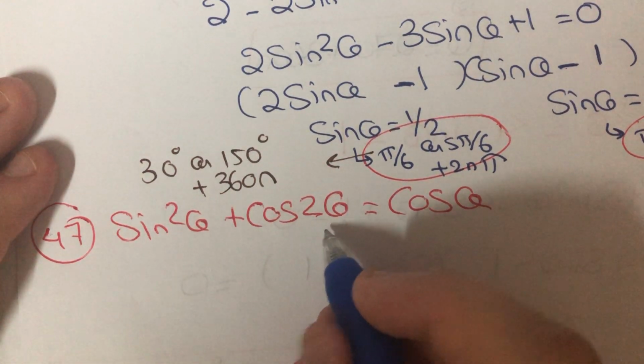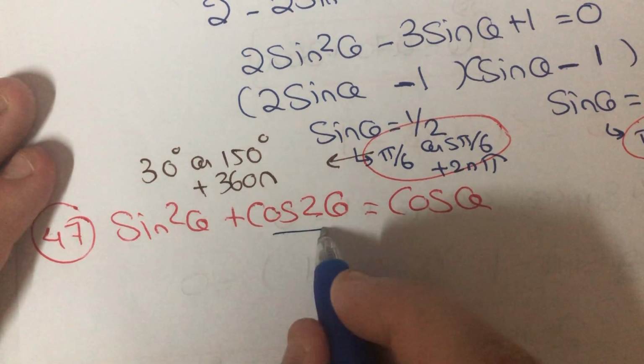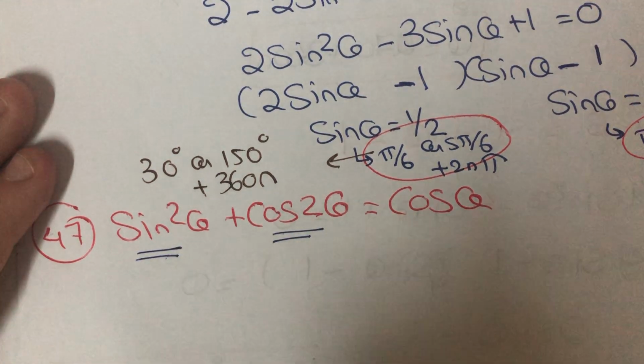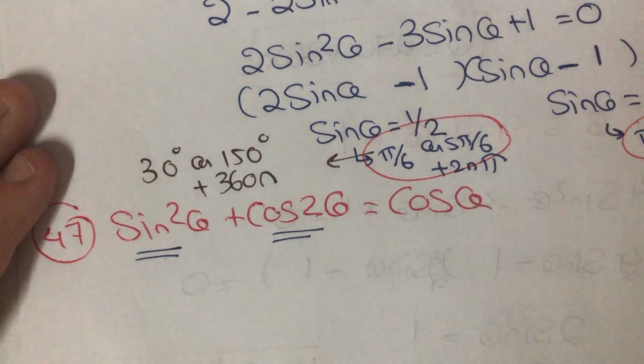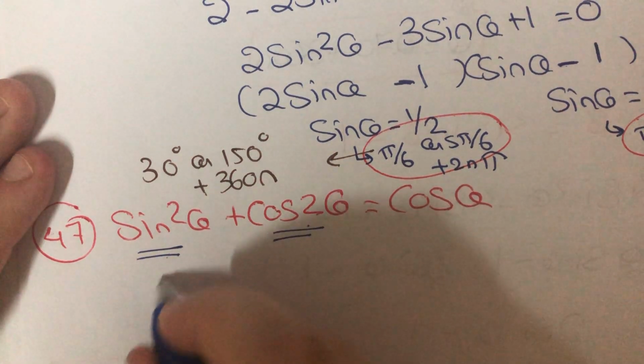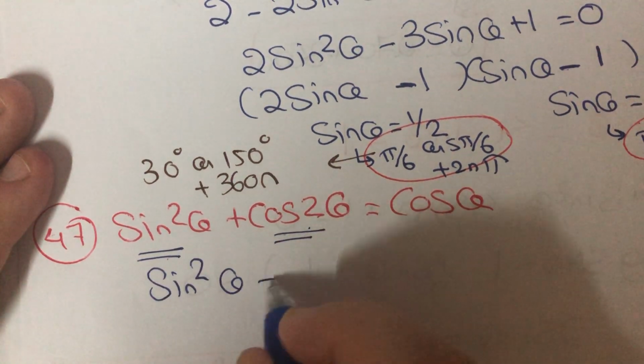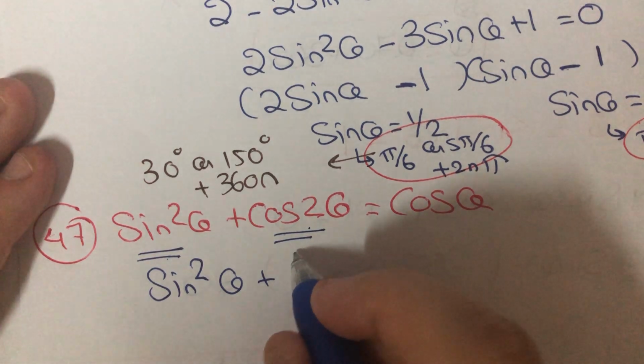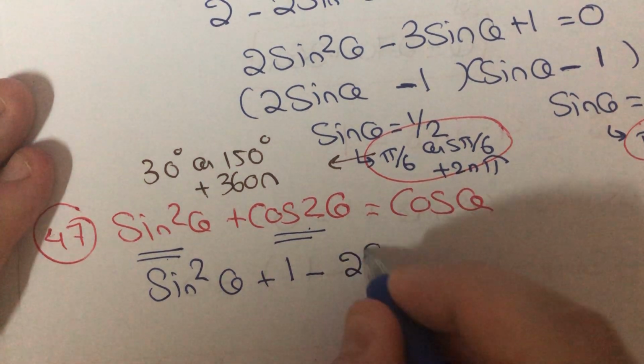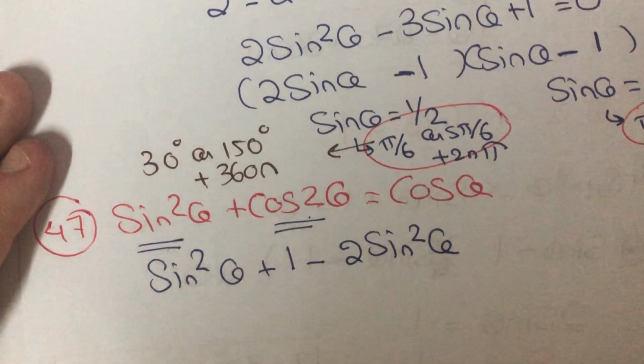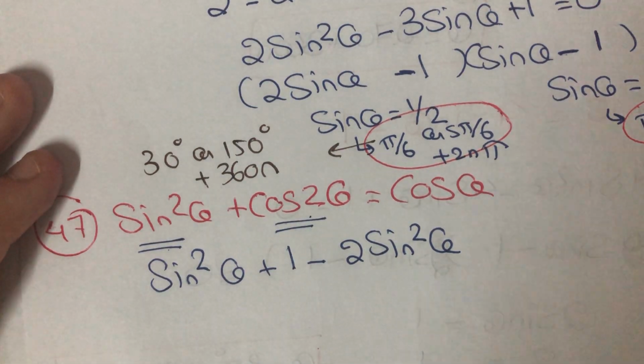Okay, up here I can see cosine 2 theta, and I can see the Pythagorean identity over here. Or maybe I can just change this to the one that has sines. The one that has sines is 1 minus 2 sine squared theta, right? The other one is 2 cosine squared theta minus 1.